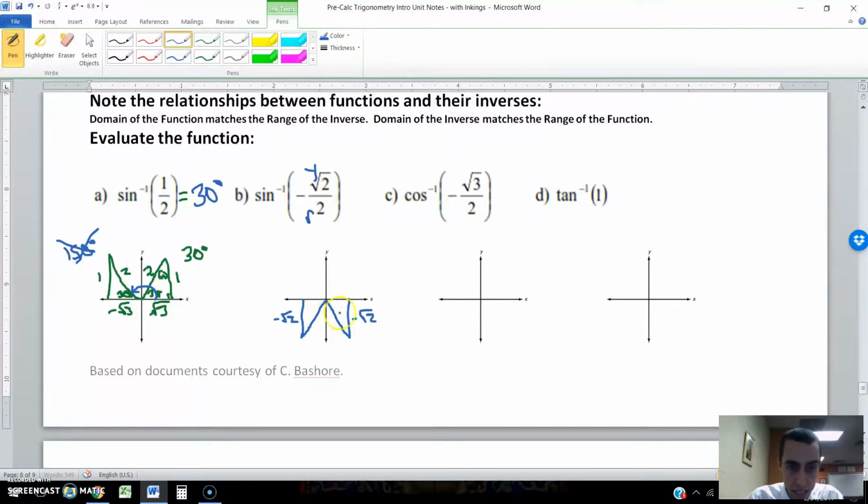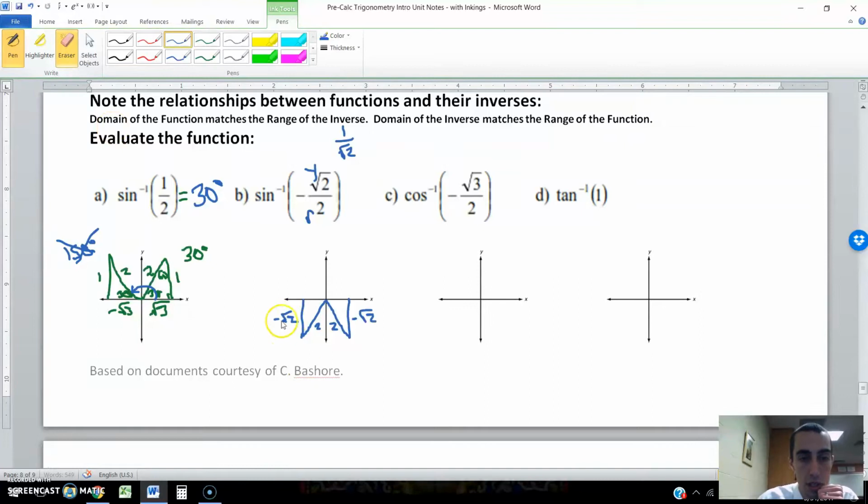Now, second thing, we don't have any triangles which have a negative root 2 for a y and a 2 for hypotenuse. But remember that root 2 over 2 is the same thing as 1 over root 2. If you rationalize the denominator of this fraction, you'll end up with this expression here.